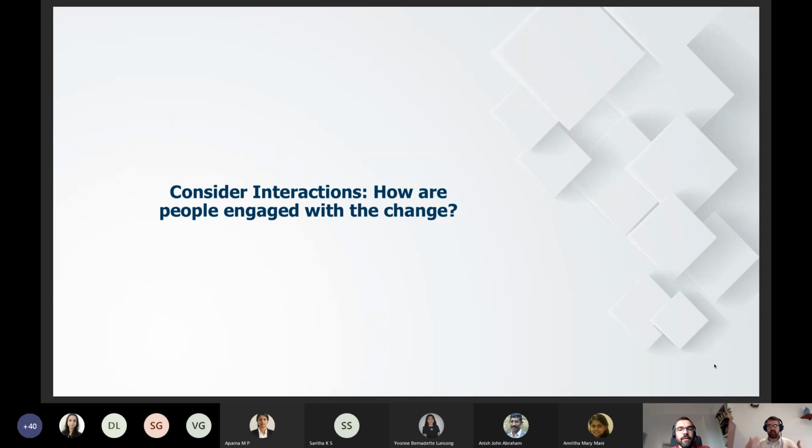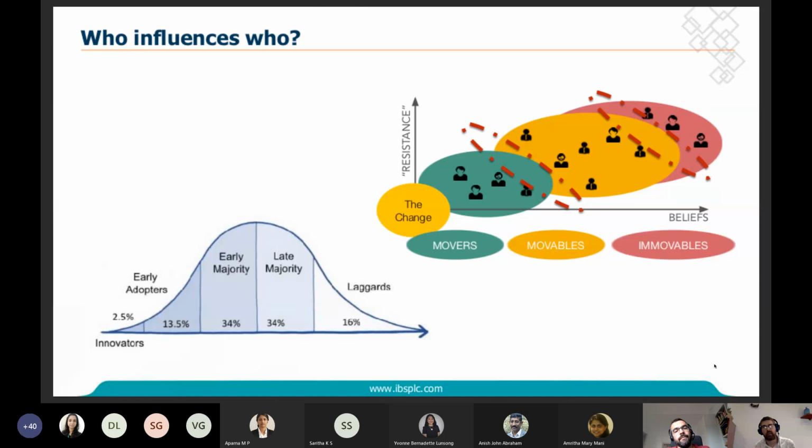So here we have to consider the individuals, and we're talking about how people are engaged with the change. As you can see, we've started talking about the change itself, putting some context in terms of what the change is, and then we move quickly to the people that are actually impacted and how they are impacted by the change.